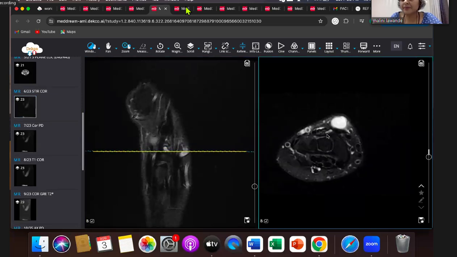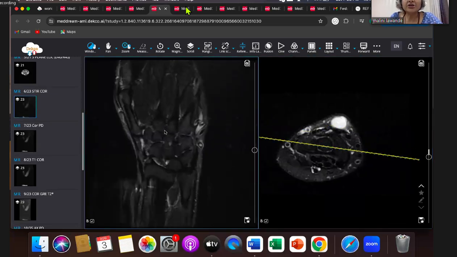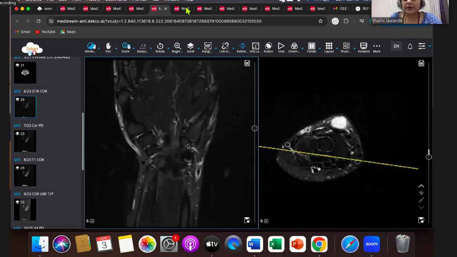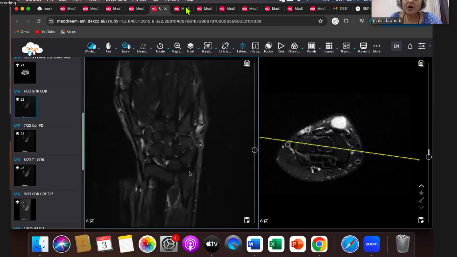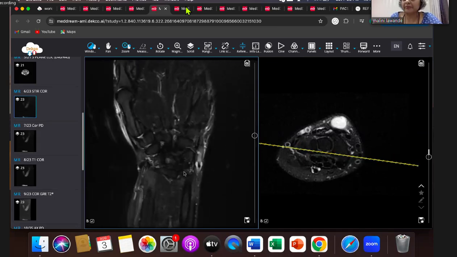So this is the dorsal scapholunate interval. You can see this here. Another common location is the pisotriquetral joint, the pisotriquetral recess, superior or inferior to it. Another common location is the scaphotrapezoidal joint. So this is your scaphotrapezoidal joint. You can have a ganglion there. And the other common location is radioscaphoid, anteriorly, ventrally.